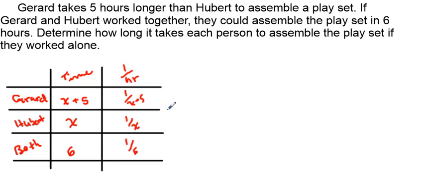So what we've created here is really an equation that relates the rate at which Gerard and Hubert do this to the rate they do it together. So writing that out in a linear form, or across the page, I'd have 1 over X plus 5 plus 1 over X is equal to 1 over 6.